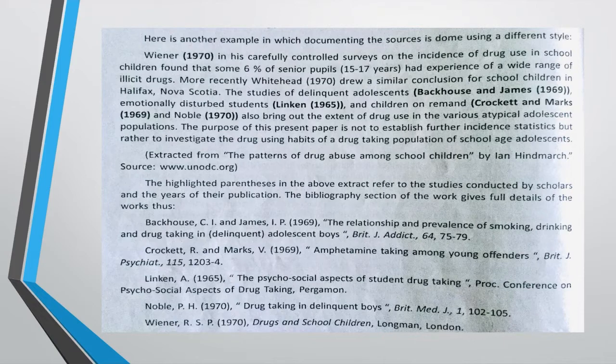So these terms, the studies of delinquent adolescents, emotionally disturbed students, are taken from Backhouse and James 1969, Lincoln 1965, and Children on Remand, Crockett and Marks 1969. So here in parentheses, the author's name and the year of publication are shown.